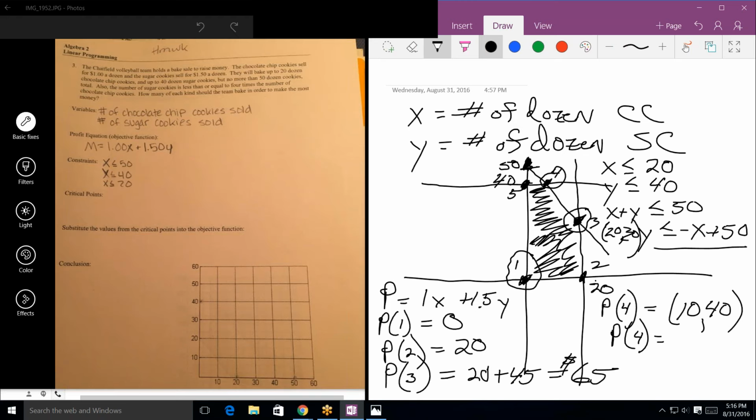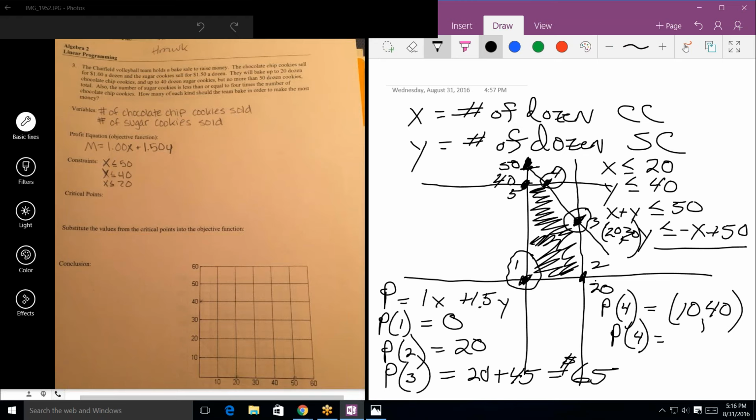So when x is 10 and y is 40, plug it into the profit equation. Hold on. Just take the x coordinate, plug it in for x. Take the y coordinate, plug it in for y, add those two numbers together.